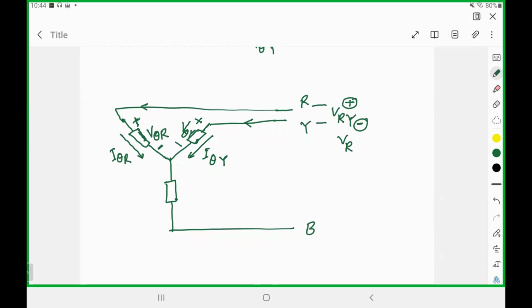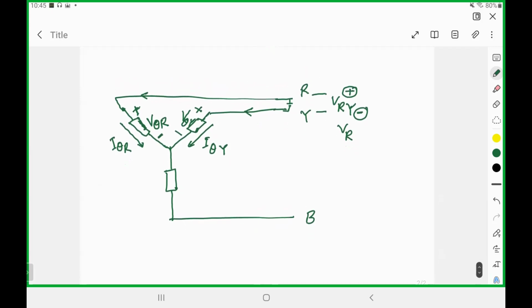So to apply the KVL, we can assume that we have a voltage source connected here, and that voltage source is having a voltage of VRY. When we have discussed that you can apply KVL in a closed loop, right? So it does not look like a closed loop. So to apply, you can assume that this is the voltage source connected here, and then you can write down the equation, remove your voltage source. That will be your equation.